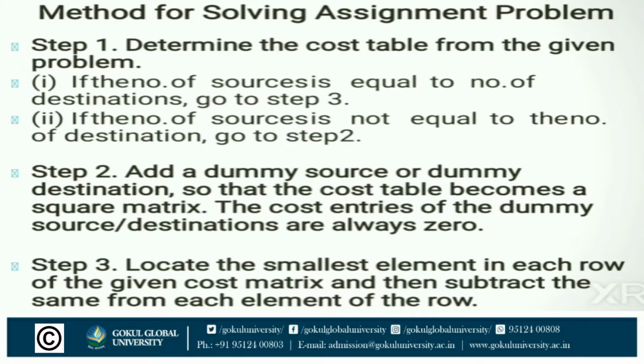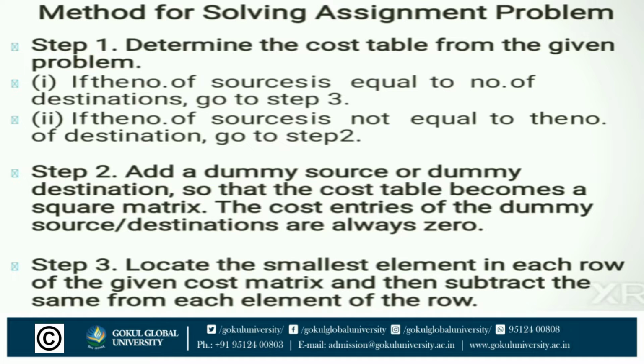Now, the method for solving the assignment problem. How to solve this problem? We can learn step by step. The first step is to determine the cost table from the given problem. In this step there are two possibilities. First, the number of sources is equal to the number of destinations; then we go to step 3.